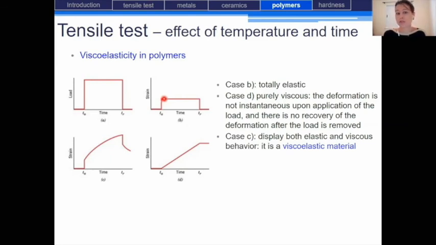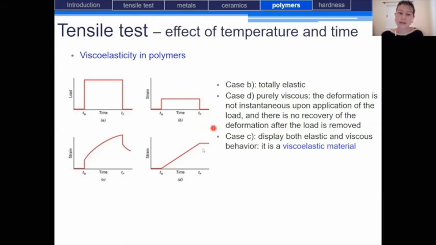So the deformation does not change anymore up to the removal of the load, and the sample comes back to its initial shape, and the strain is totally recovered. So this is what we call an elastic material. This material is deformed in its elastic region, or it is totally elastic.